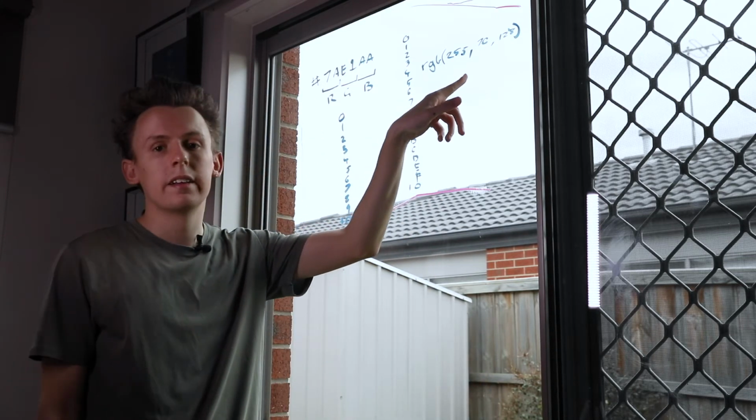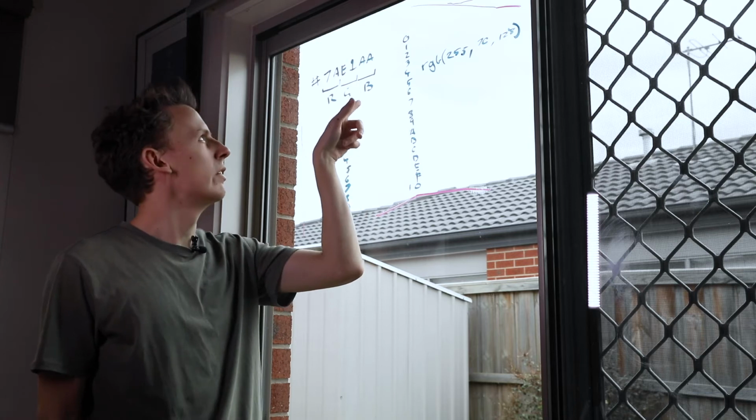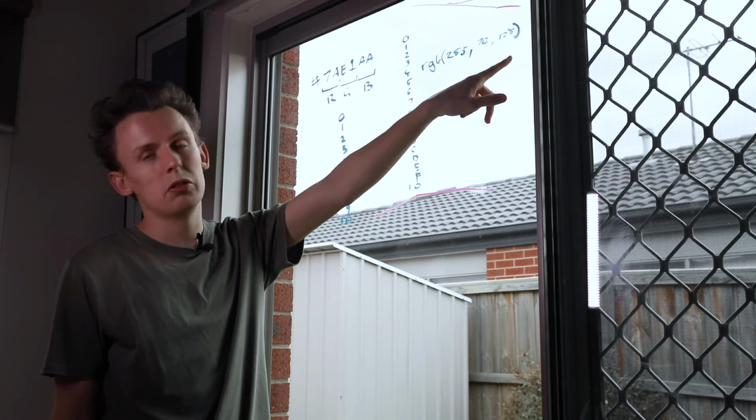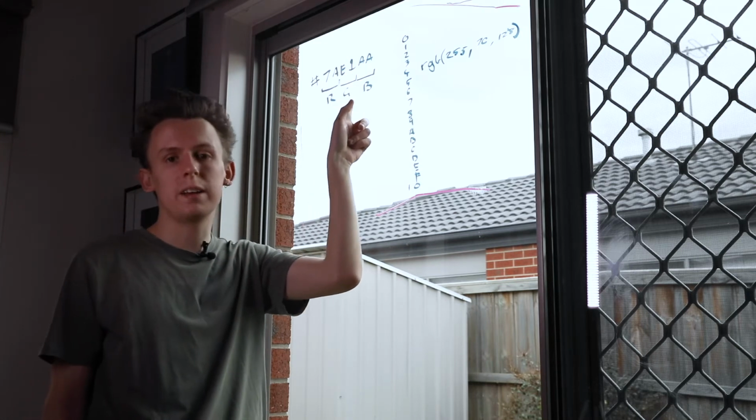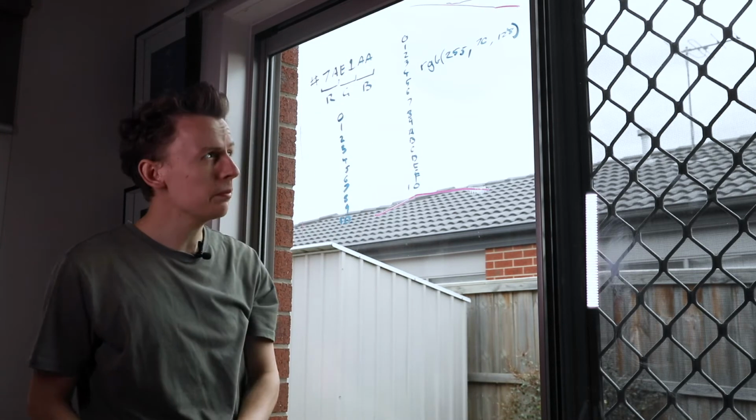This is telling the computer the same thing as the hex code. This is a red channel, a green channel, and a blue channel, 0 to 255. The hex code is saying the exact same thing, but it's using a base 16 counting system.